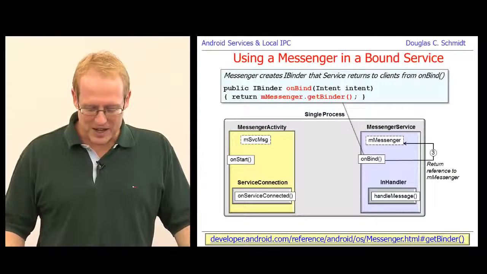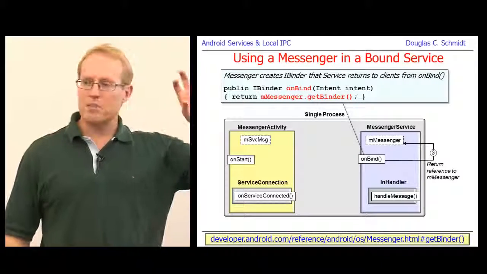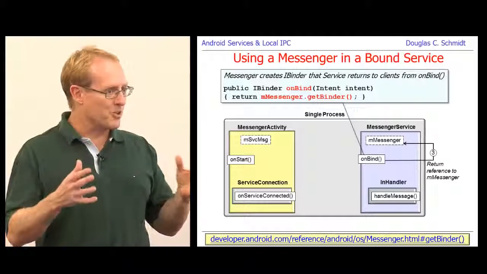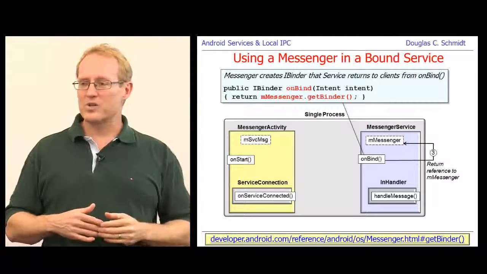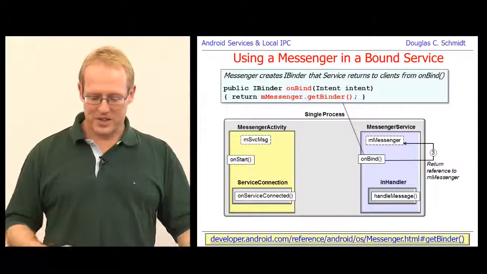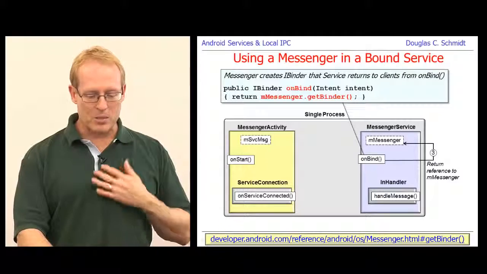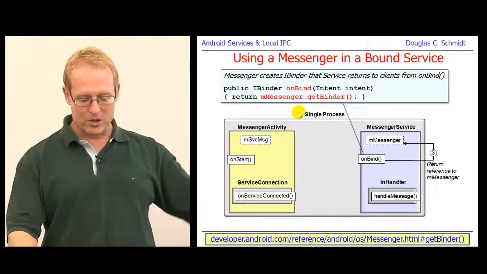But it turns out that Android has mechanisms built in that know how to take messengers and get back binders for them, as well as take binders and associate them with messengers. So you can go either direction. So that's what we're using here. So the onBind method says, hey messenger, get me your binder and return that back to the caller, please.